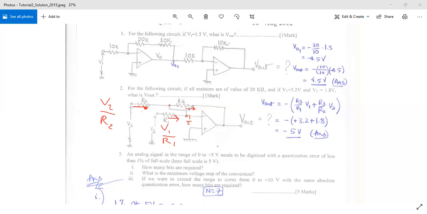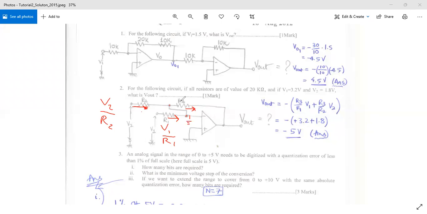V out is basically the voltage contributed by this R3, or the voltage at this node is the same voltage that is flowing across the R3 resistor. That means the voltage V out is basically equivalent to the total current I total times R3.